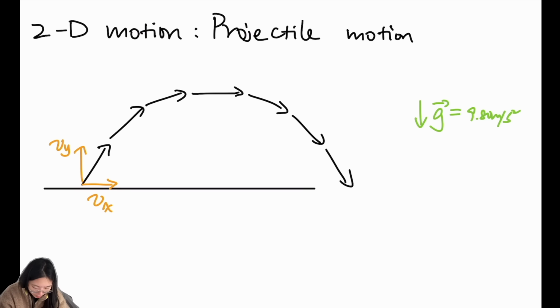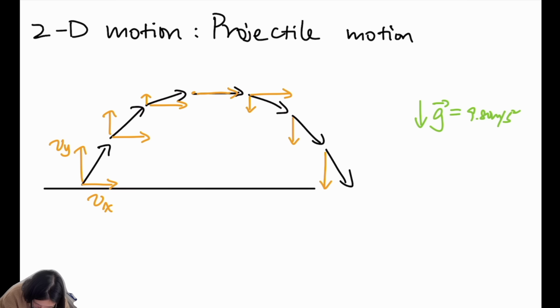which means only the vertical component of the velocity changes. The vertical component of the velocity is gradually decreasing, and then at the maximum point, it is equal to 0, and then gradually becomes negative, pointing downward. On the other hand, Vx, the horizontal component of the velocity, is not changing along the whole motion.